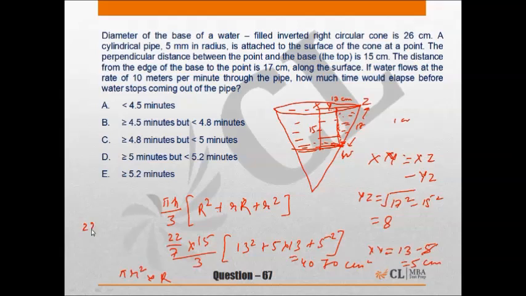So it is 22 by 7 into r, the radius, which is 5 millimeter, when converted to centimeter will be 5 by 10, square, into the rate, which is 10 meter per minute.